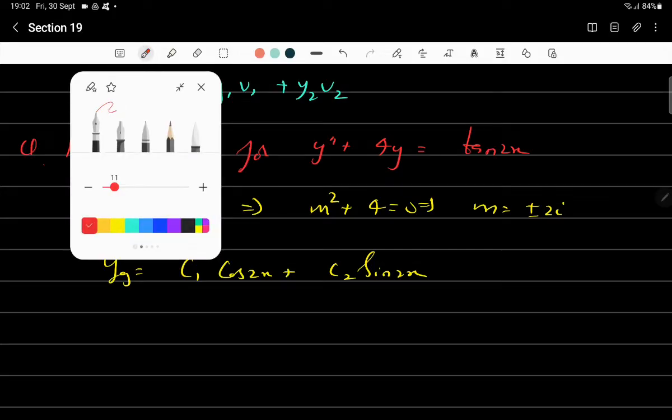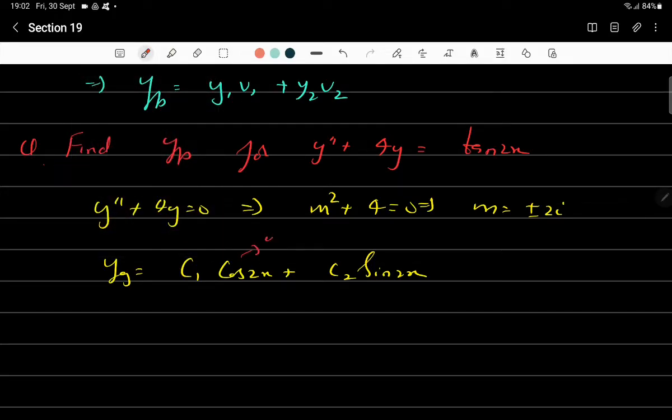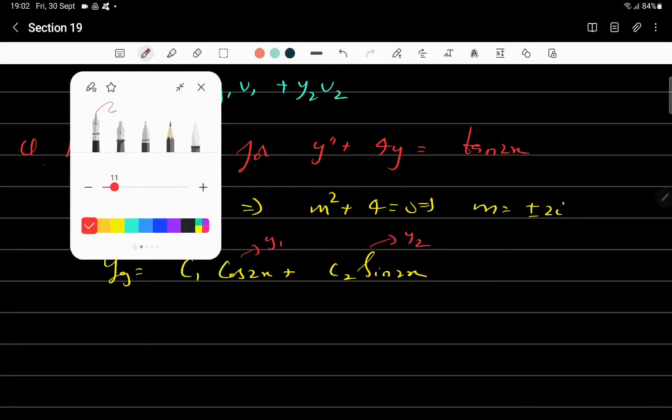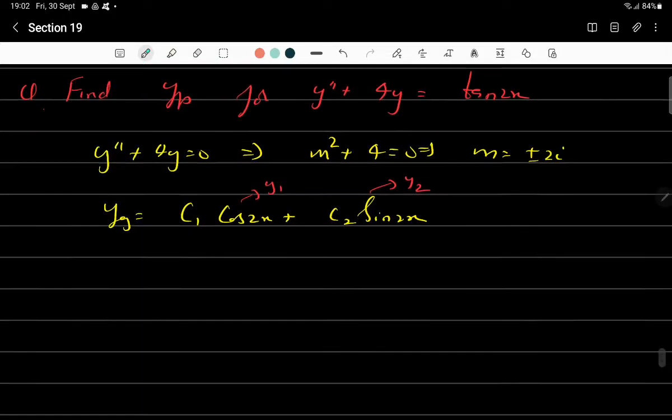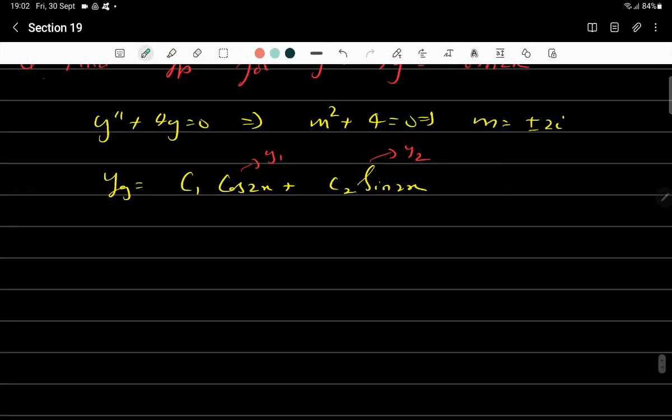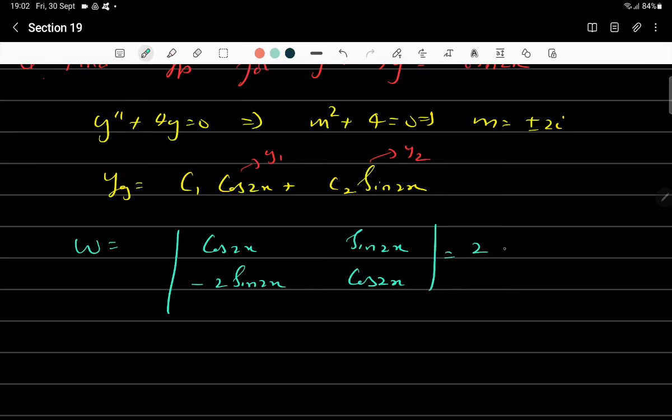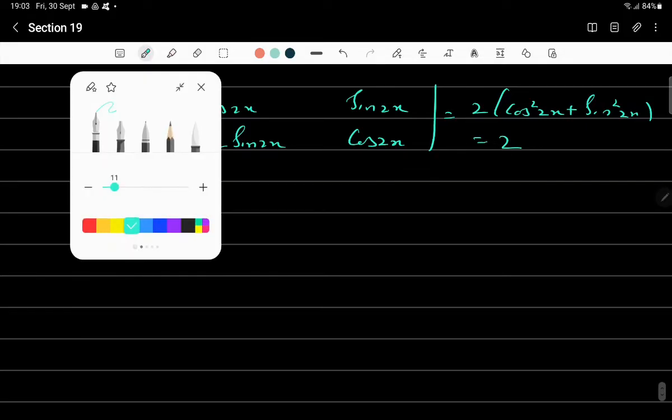Now I can take cos 2x as y1 or y2, doesn't matter, but I have to remember which one I am taking as y1 and y2. If I fix them, then the Wronskian comes out to be cos 2x times 2 cos 2x minus sin 2x times (-2 sin 2x), which is 2 cos square 2x + 2 sin square 2x, that is 2. So I have calculated the Wronskian.